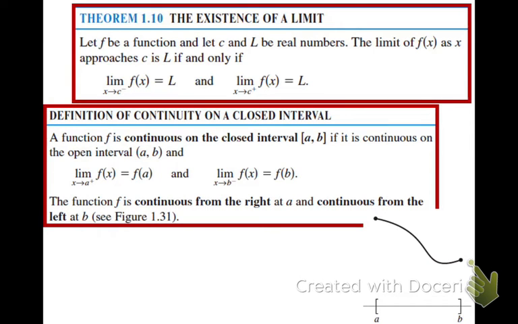Okay, this is if a limit exists. There's a lot of words here. It basically says a limit exists at some letter c. So the limit as x approaches c of f of x only exists if from the left and from the right you have the same value.